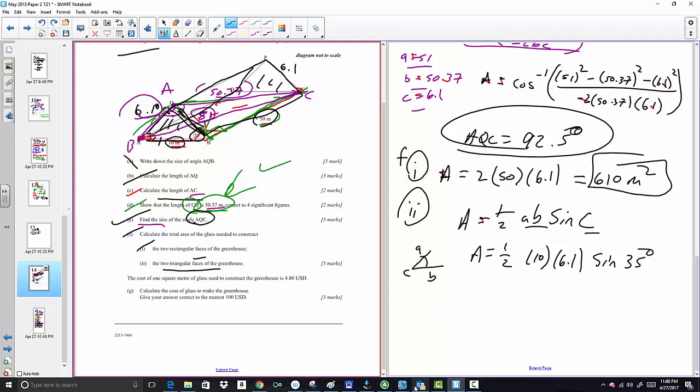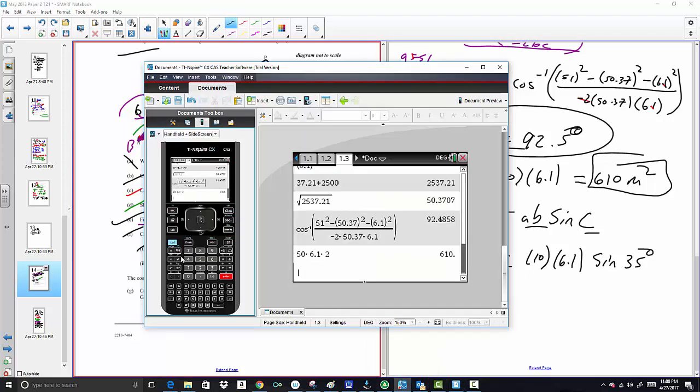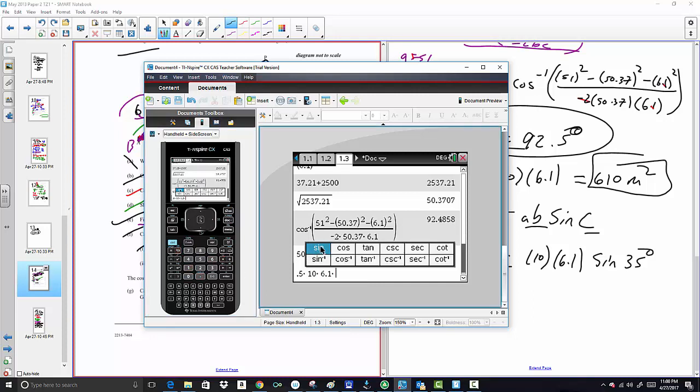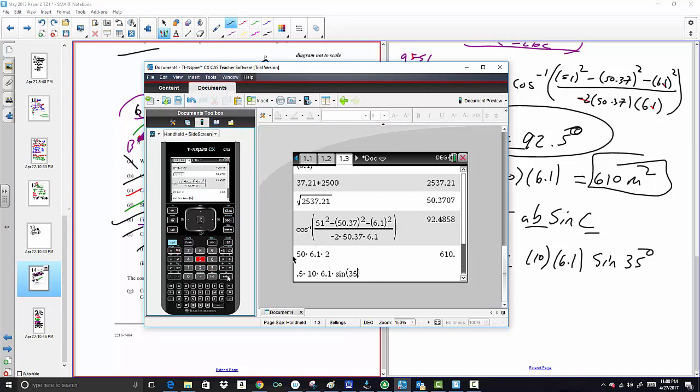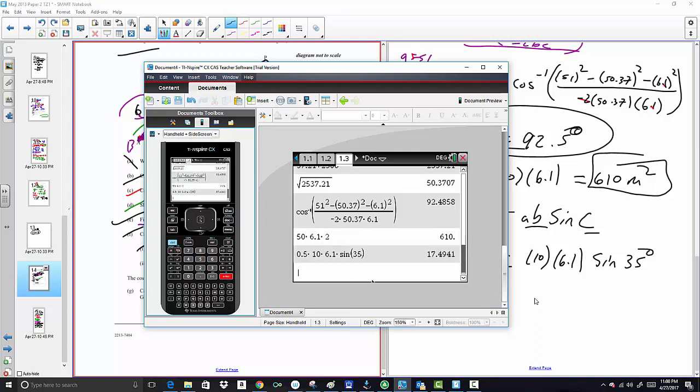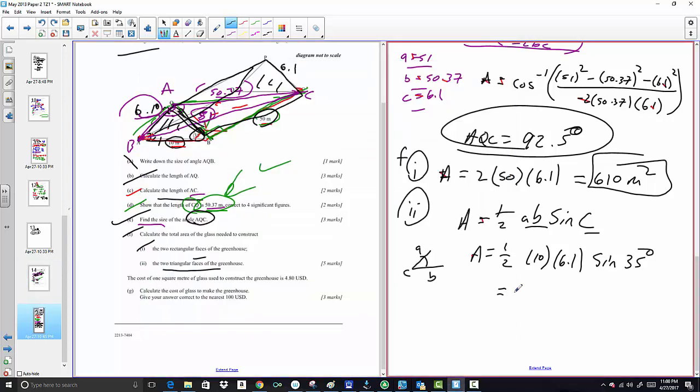So let's go and do that. This is going to be in a calculator again. This is going to be 0.5, which is half, times 10 times 6.1 times the sine of 35 degrees. And this answer will be 17.49, or we'll say 17.5.